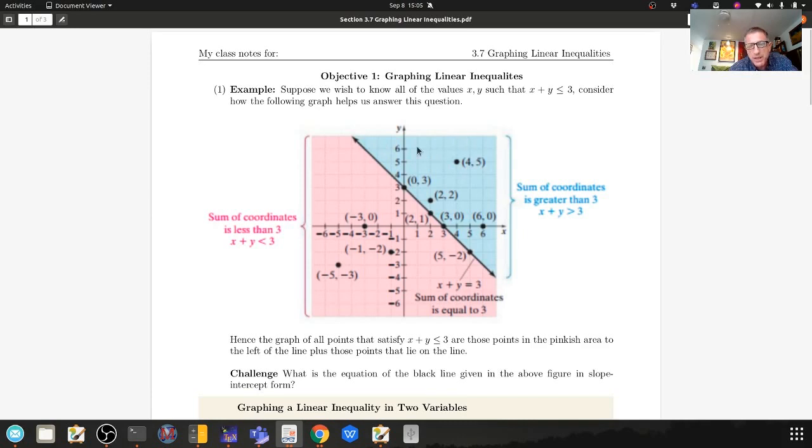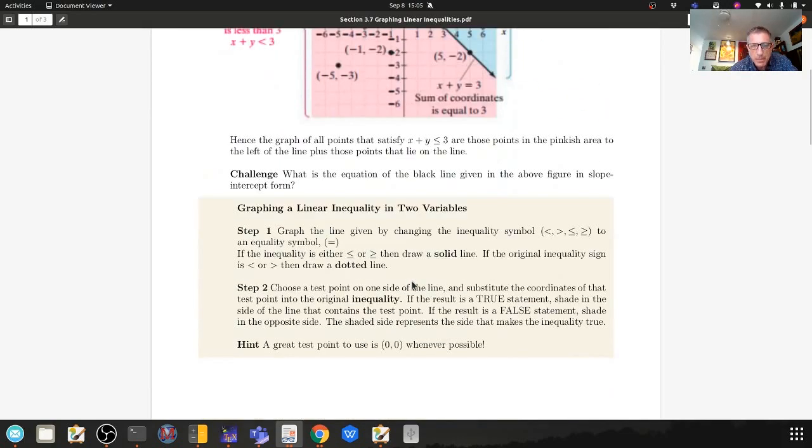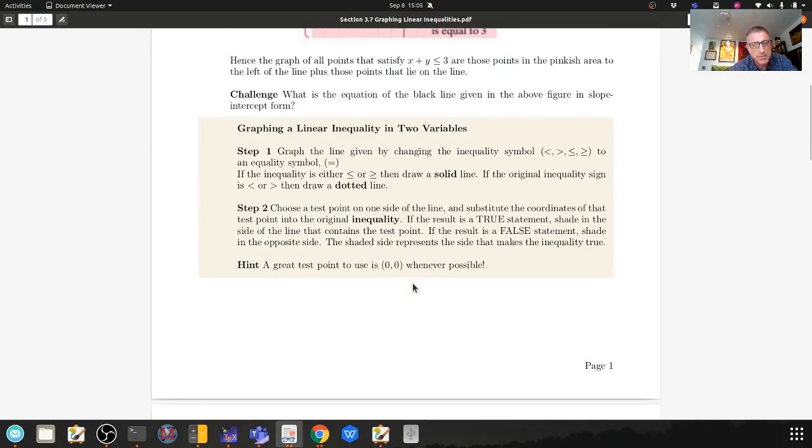So what they've done here is shade in blue the points in the coordinate plane that do not satisfy the original inequality, and they've shaded in pink the points over here.